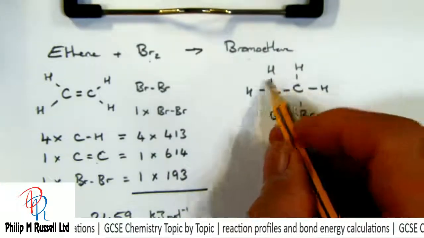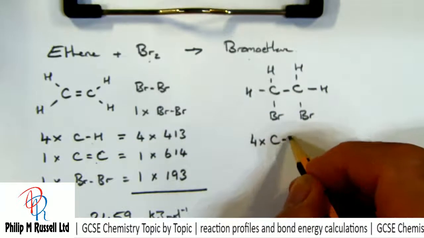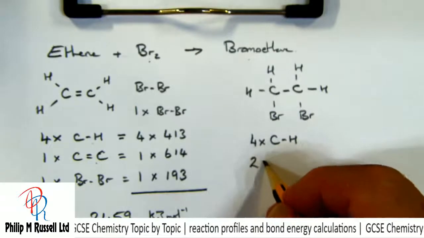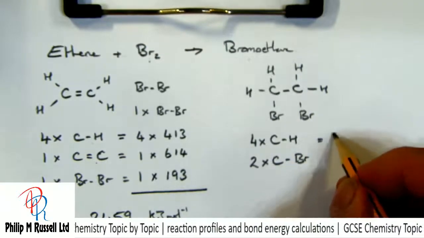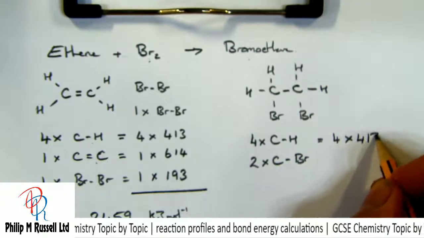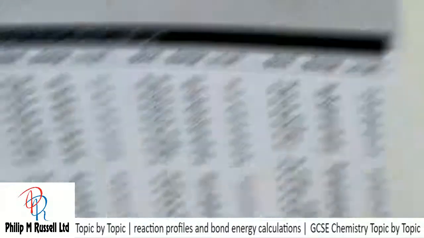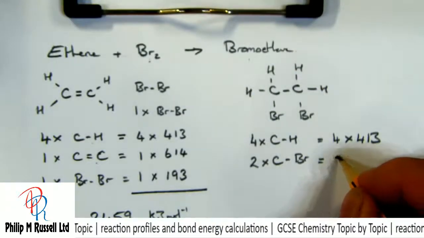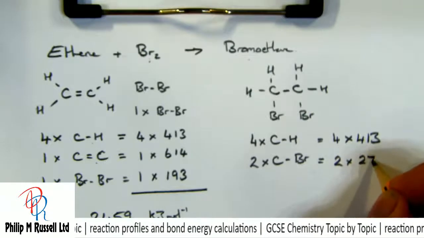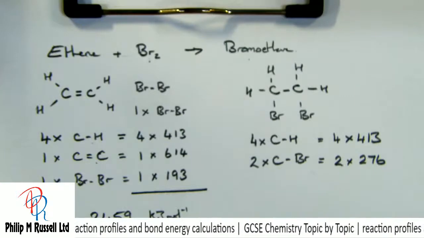What have we got? We've got 4 CH bonds, and we've got 2 carbon bromine bonds. Well, that's going to be 4 times 413, and my carbon bromine bonds here is 276. Don't worry about trying to remember any of these numbers.